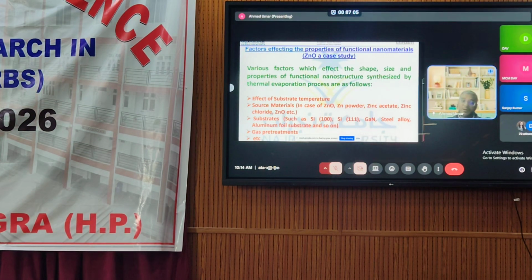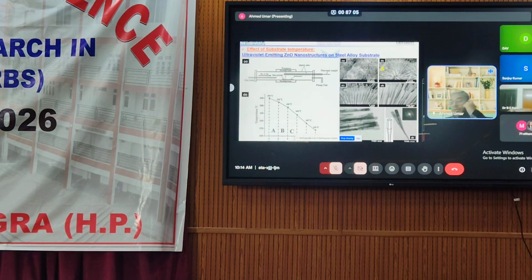Also we have gas pretreatments during synthesis. These factors, and many others, affect the final properties, morphology and size of your nanomaterial. So to synthesize nanomaterial, you need to be very careful to set appropriate process parameters to get the desired nanomaterial for your specific application.